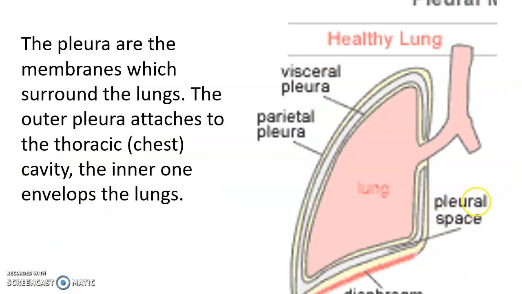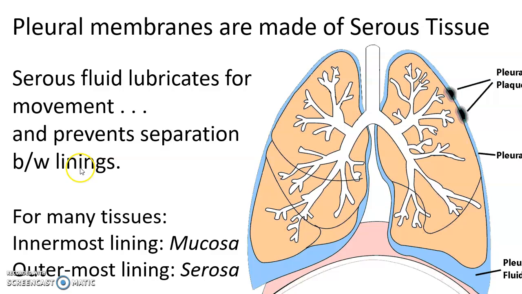All right, this is about external membranes. So the external membranes of the lungs are called the pleura, or the pleural membranes. Pleural membranes are made of serous tissue. Serous tissue is tissue that creates and secretes a serous fluid for lubrication.